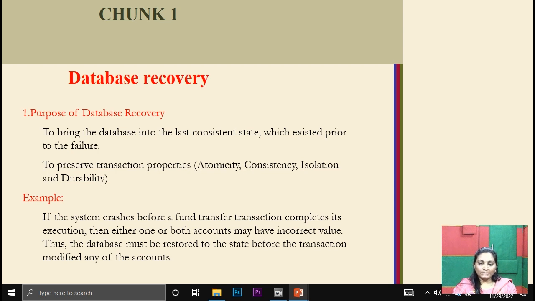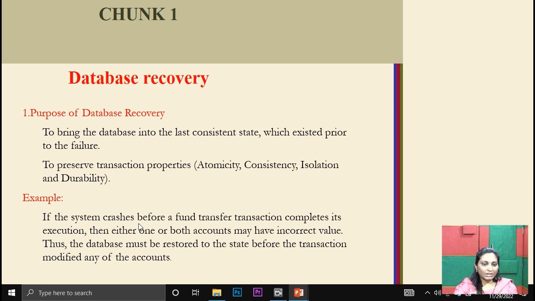And if a system failure occurs, after the system recovery we get the balance of 5,000. That means our database is in the consistent state.